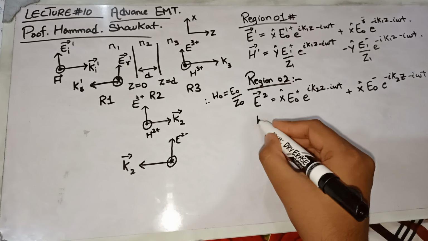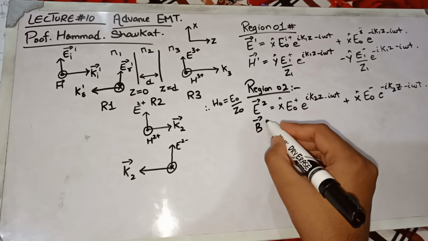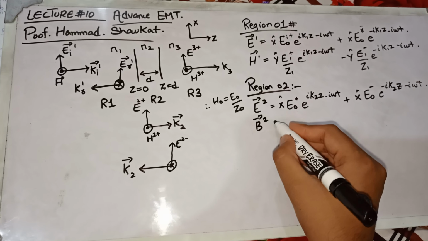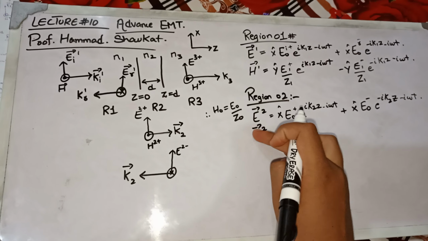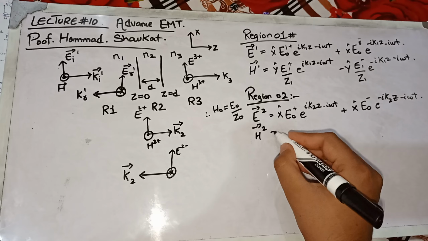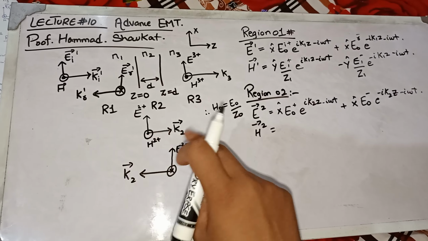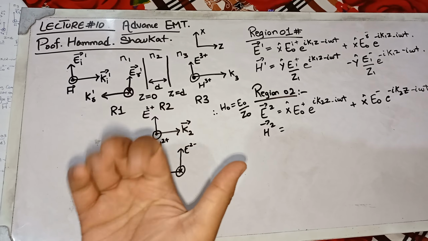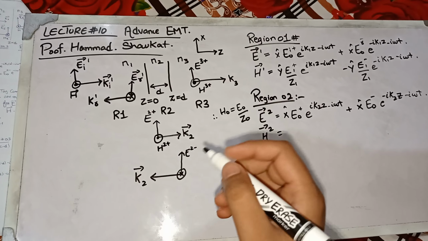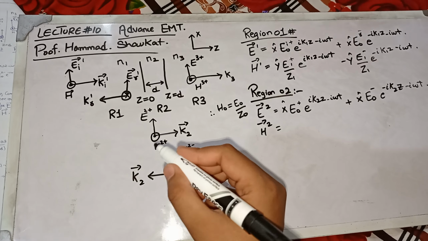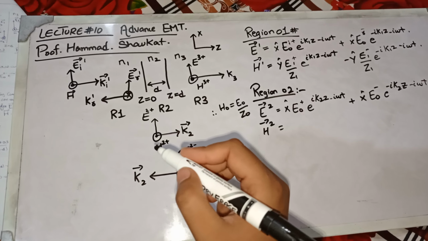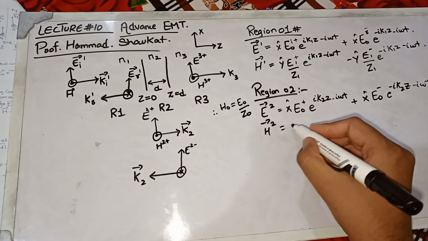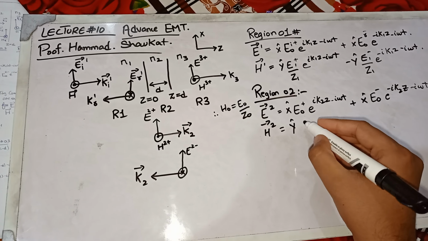Now you have to write the equation for the magnetic field, meaning B2, sorry, H2. Same procedure in this scenario. You can align your fingers and thumb out of the page. For the case of output, the magnetic field is in positive y direction, so y cap.